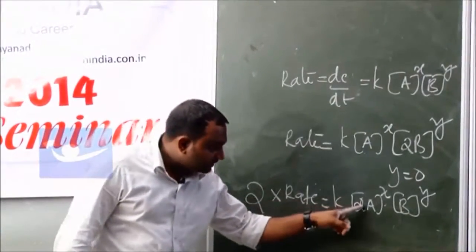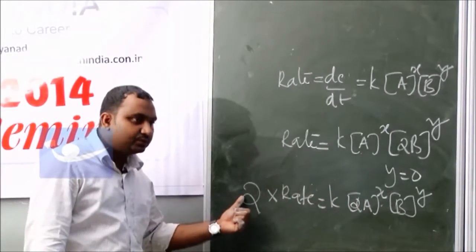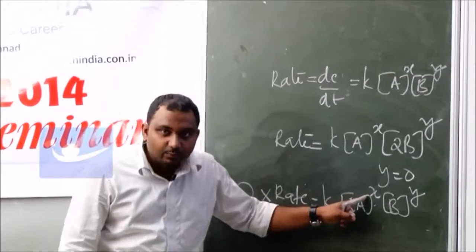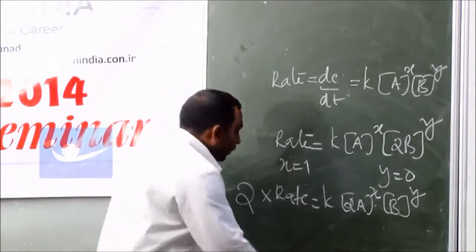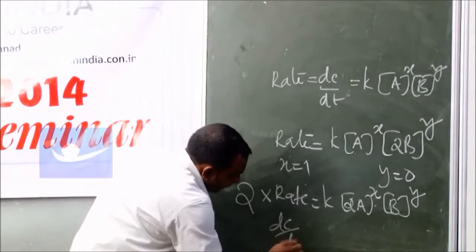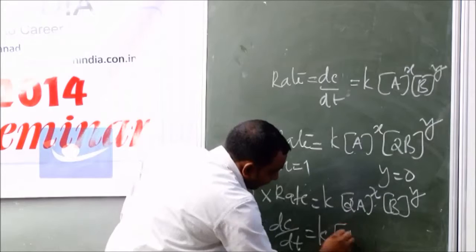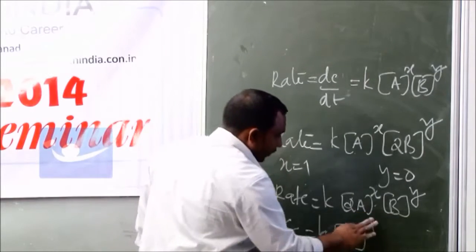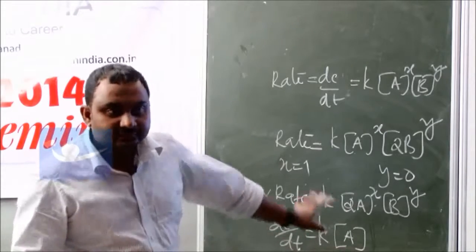And molar concentration of A is increased by 2 times, then the rate is increased by 2 times. That means X is valuable. What is the value of X? X is equal to 1. Then what is the rate equation? dC by dt is equal to K into molar concentration of A raised to 1, or you can even write molar concentration of A. That's it.